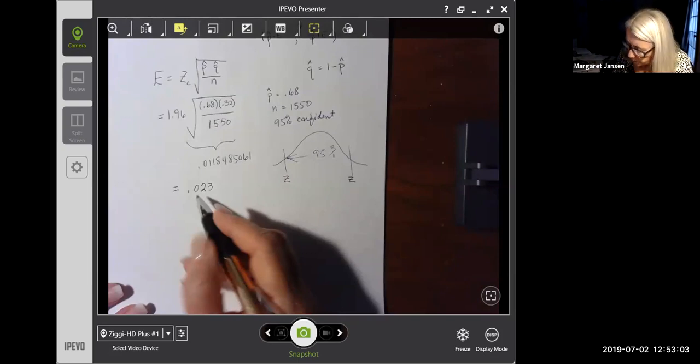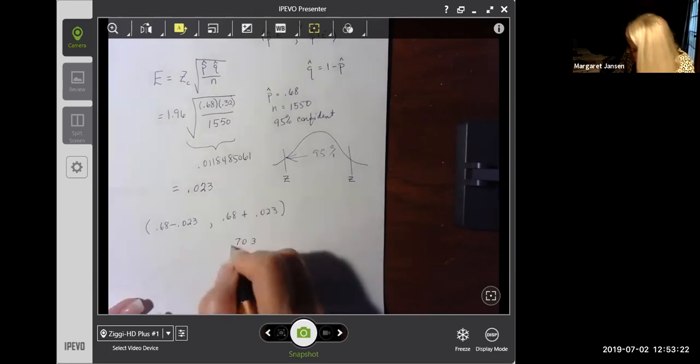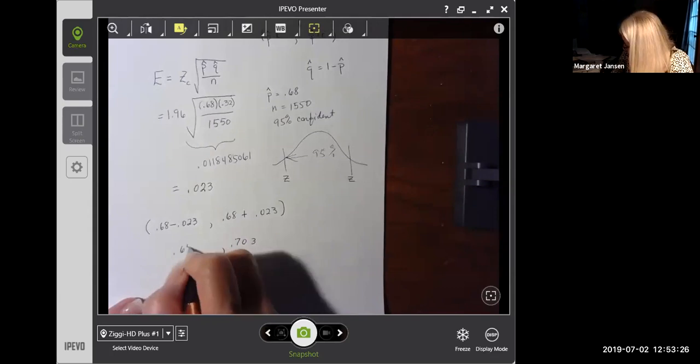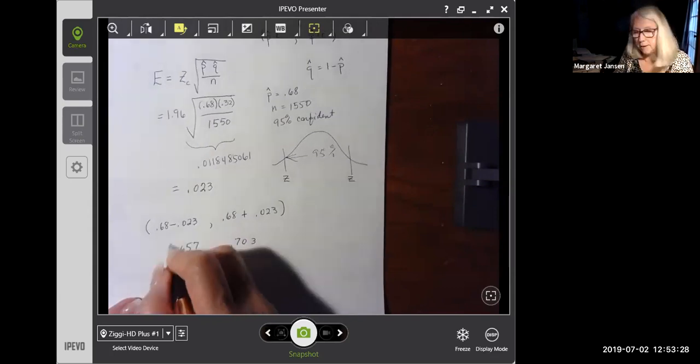That would mean that the interval went from 0.68 minus 0.023 up to 0.68 plus 0.023. I can get the upper end pretty easy. The lower end is harder, but I believe it's 0.657 without using my calculator anyway.